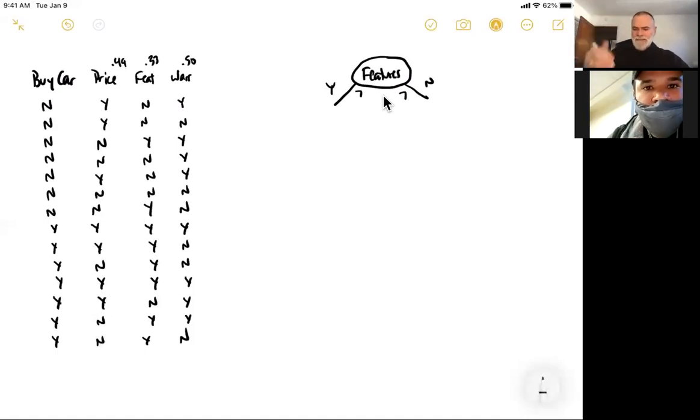So for this next level down, let's just look at this branch right here, the features yes branch. So we check just the yeses. No, I'm sorry, these numbers might be off too. I counted the wrong thing. I counted by car. So let's see for features.